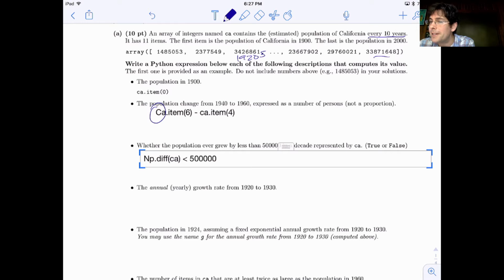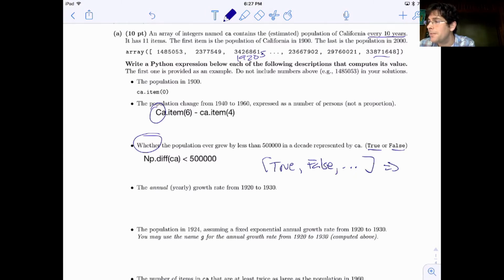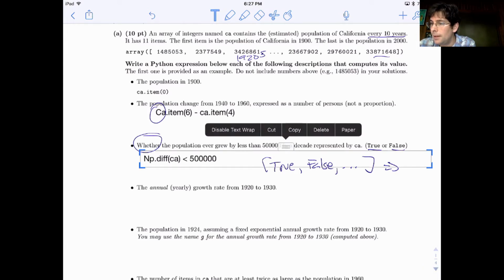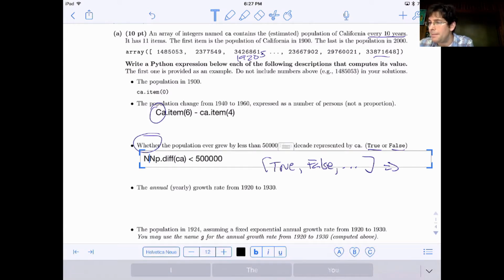Now, if you look at a question that asks for whether something is true or false, we need to take that array of trues and falses and turn it into a single value that's just true or false. And one way to do that is to use np.any, which is a built-in function that tells you whether any of the true-false values in an array is true.